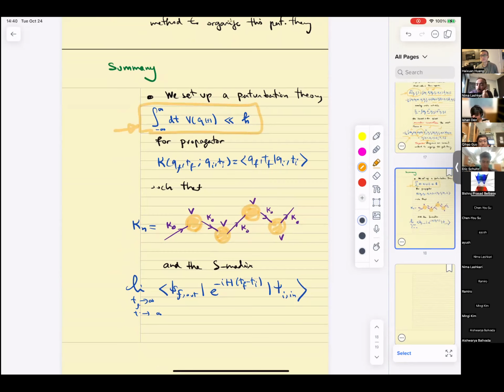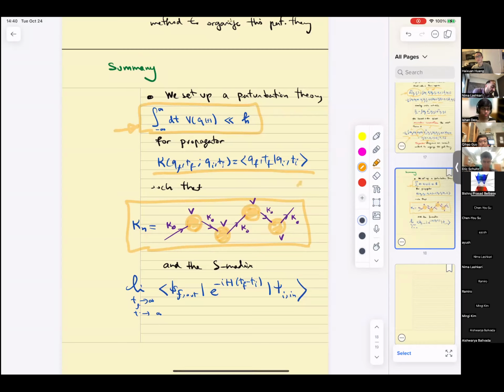It's a regime where the total amount of action due to interaction is much smaller than h bar. Sounds like an insanely small regime, a small coupling regime. Then we took the propagator and expanded it, and we ended up with this picture. And these pictures represent integrals, right? Many integrals, path integrals and insertion of free propagators.